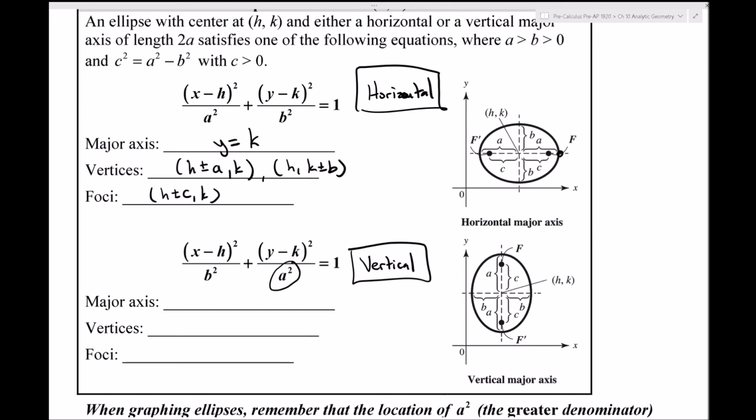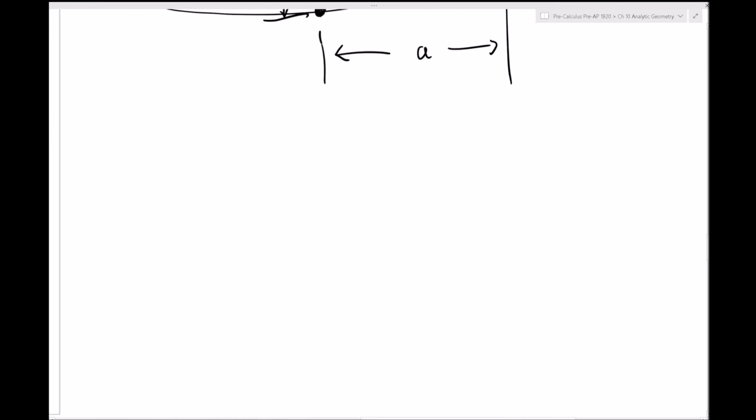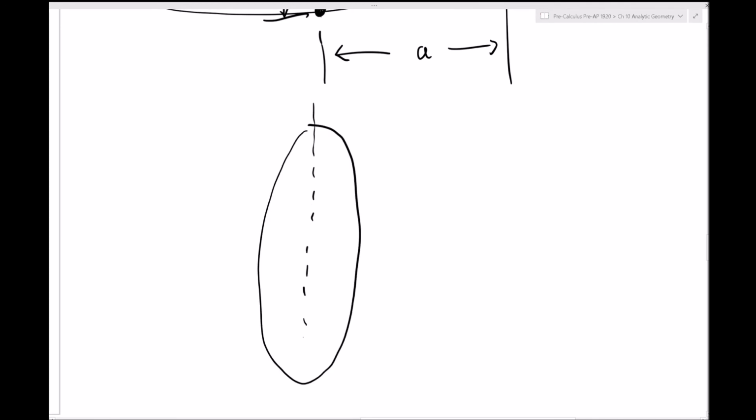So for the vertical situation, our major axis is now vertical, no longer horizontal. That's going to be x equals the x coordinate of the center, sorry, not the vertex. That would be h, so x equals h. So if we're thinking of one that's now vertical, your major axis is vertical, and that's x equals h. Your minor axis is now horizontal, that's y equals k.